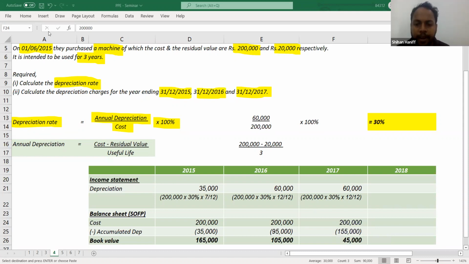Then in 2018, tell me how much is the depreciation for 2018? What is the depreciation for 2018? Yes, correct.